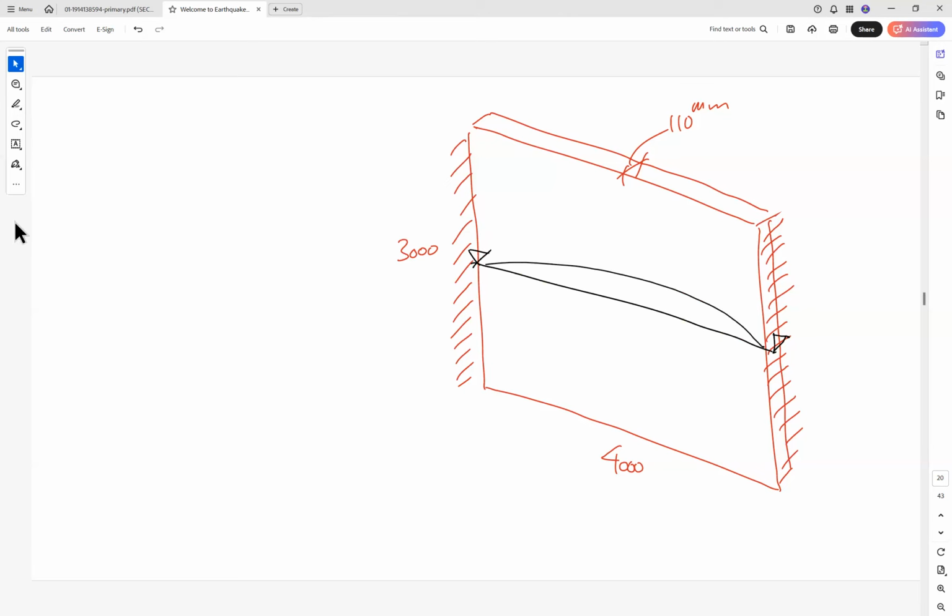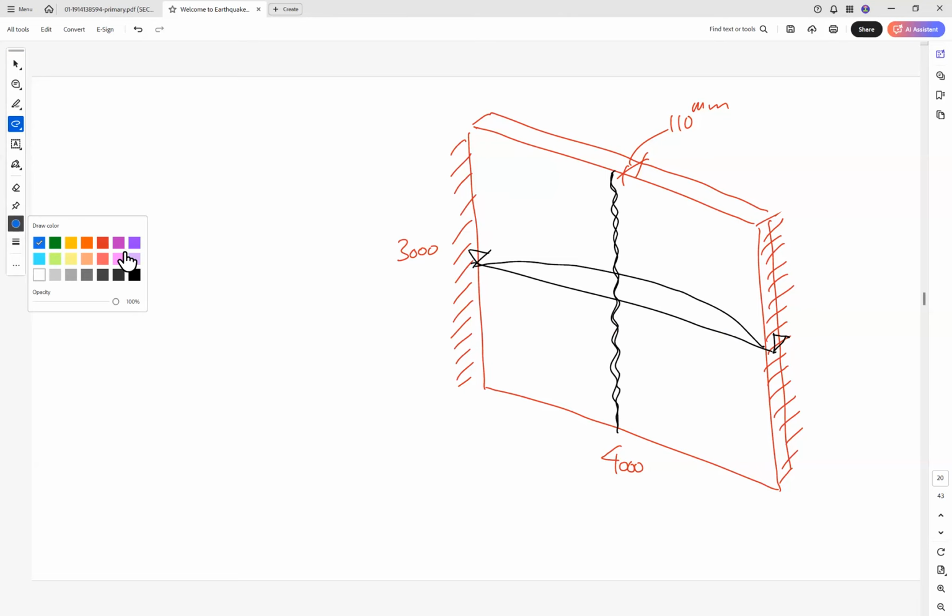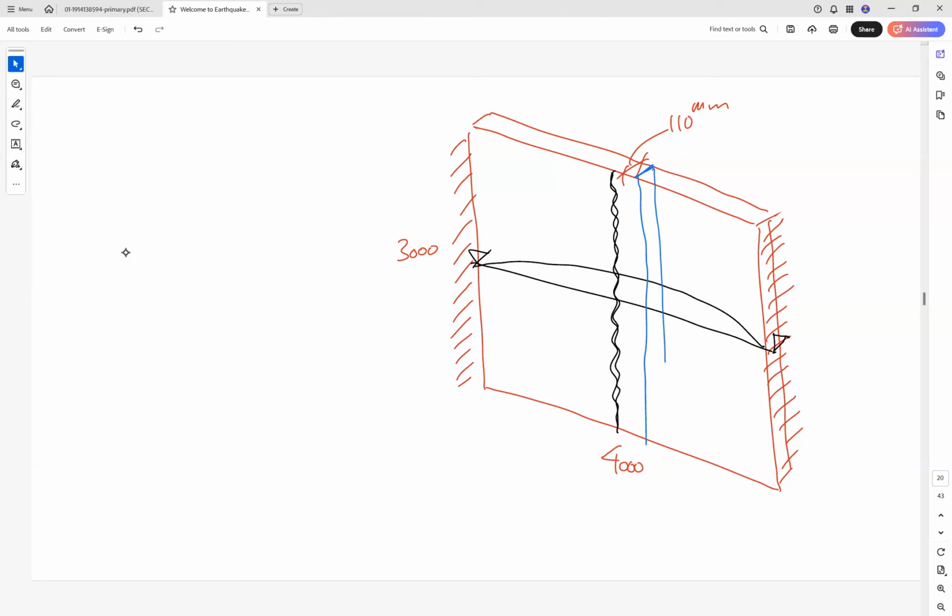The crack will happen in this direction, so the bedded area that will resist is this cross section here.